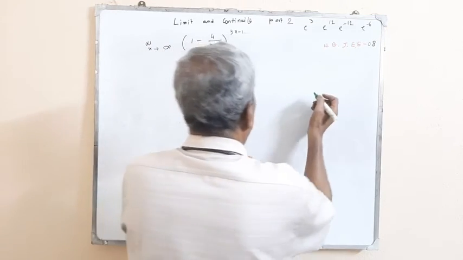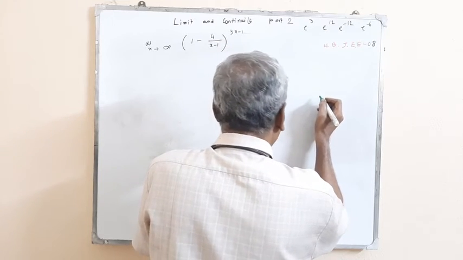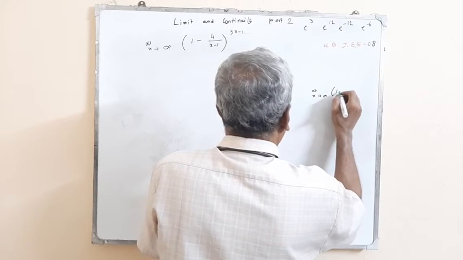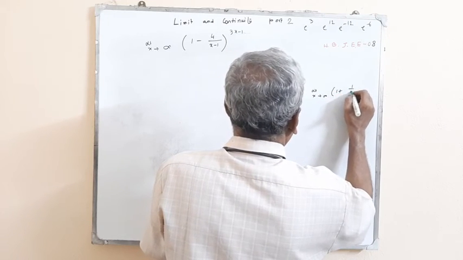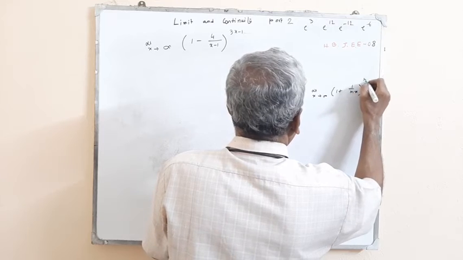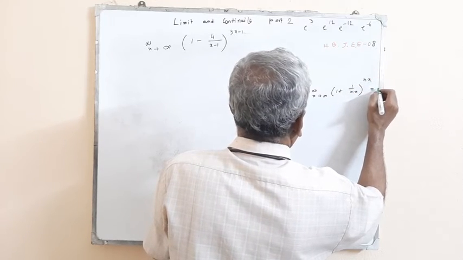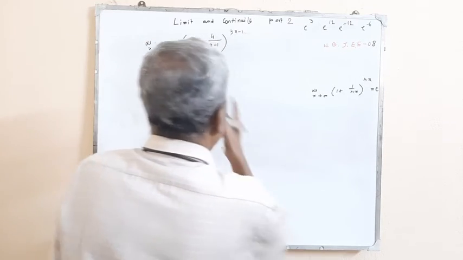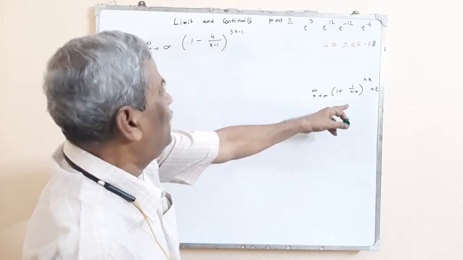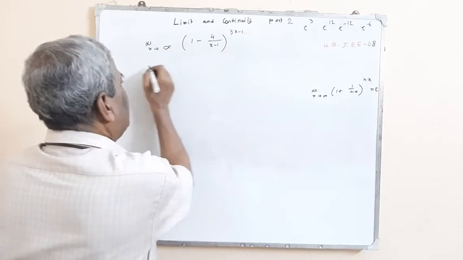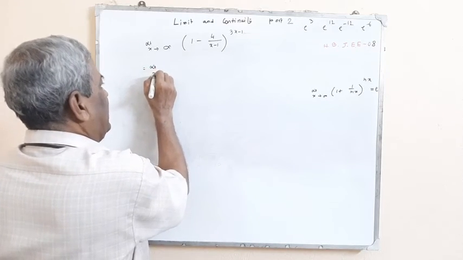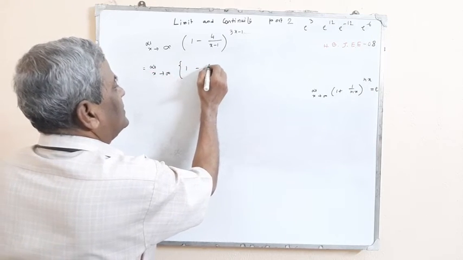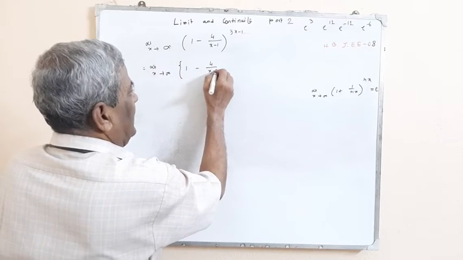Now, we have a formula: when x tends to infinity, 1 plus 1 by mx whole to the power mx tends to e. So here we have to adjust in that way, and very easily we get the result. This is equal to limit x tends to infinity of 1 minus 4 by x minus 1.